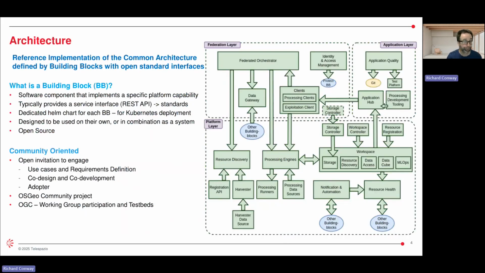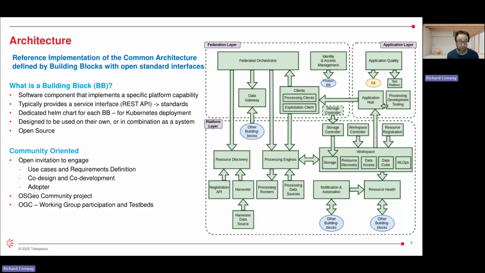Just to clarify, what actually do we mean by the term building block, which comes up a lot in our documentation. A building block is a software component that implements a specific platform capability. So typically it's got a REST API, and generally where there was a standard available that met that capability, then we've tried to use that standard. We target Kubernetes for our reference implementation, so each building block has one or more Helm charts through which it's deployed.